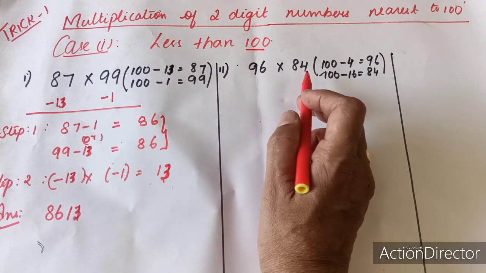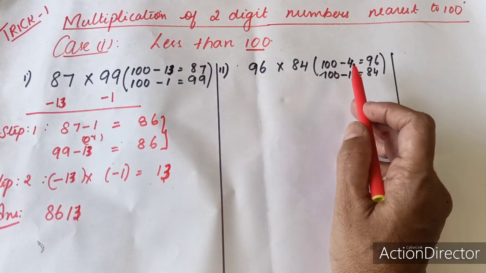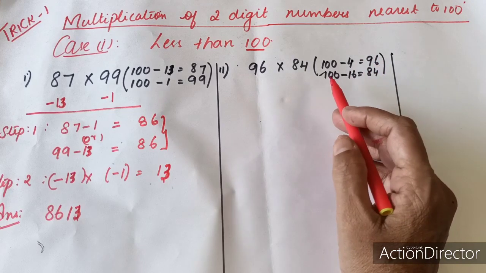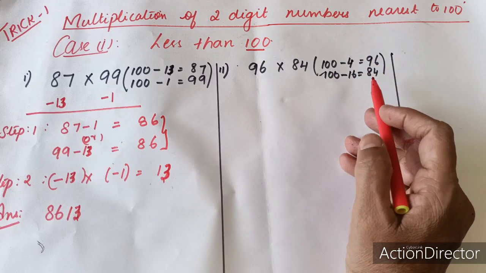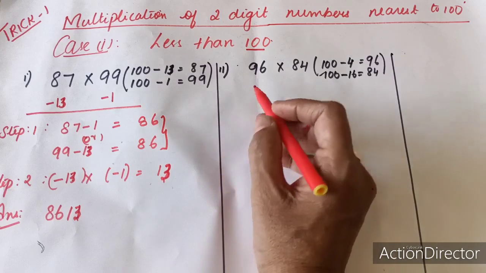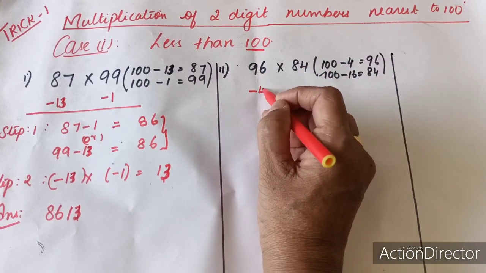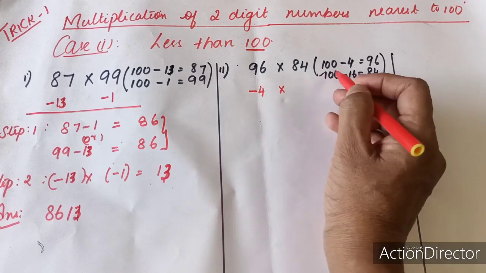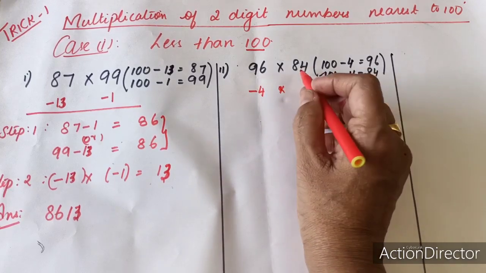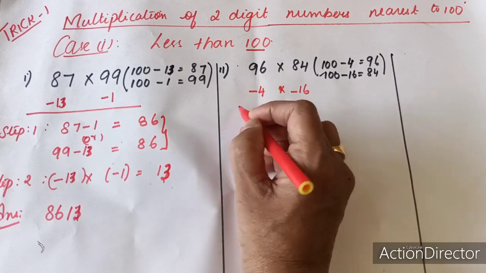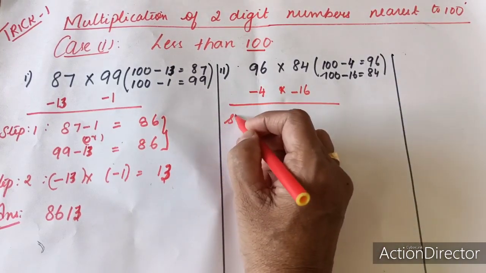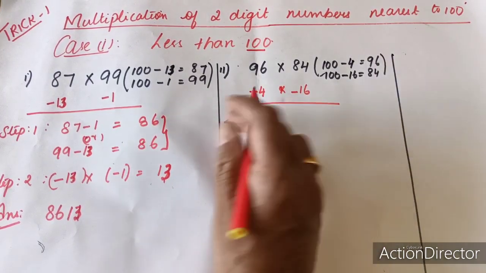96 multiplied by 84. 100 minus 4 is equal to 96 and 100 minus 16 is equal to 84. So first step, let me write the differences. Below 96 I will write minus 4 and below 84 I will write minus 16. Now I am going to do the quick operation as I showed in the first one.